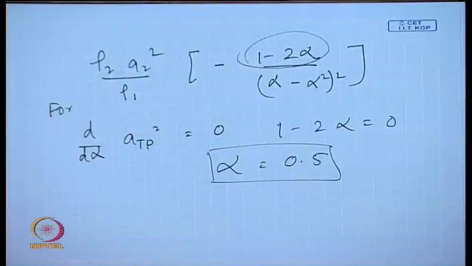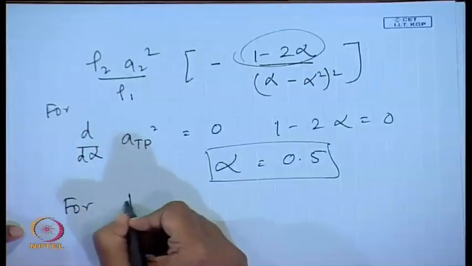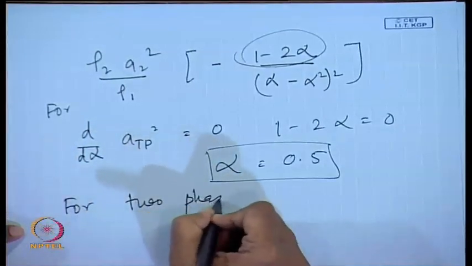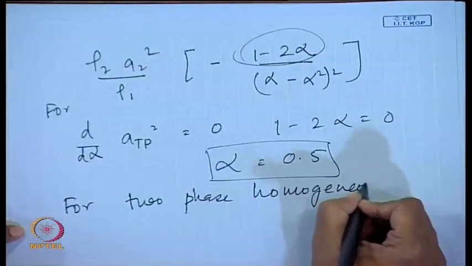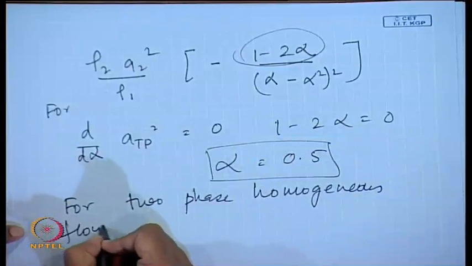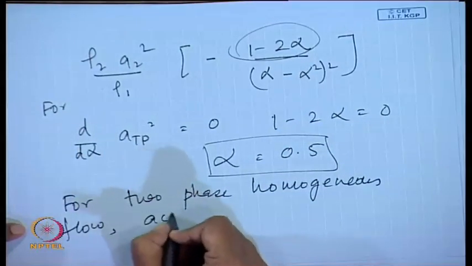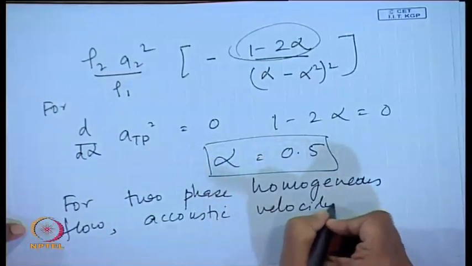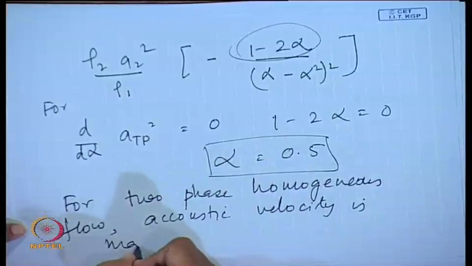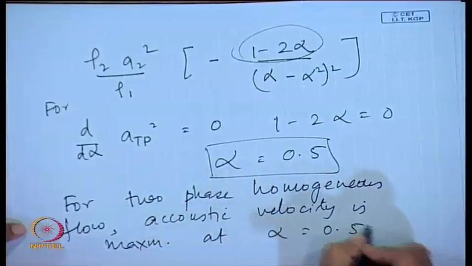So, from this, what do we get? We find out that for two phase homogeneous flow, acoustic velocity is maximum at alpha equals 0.5.